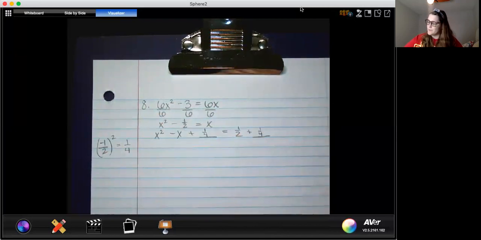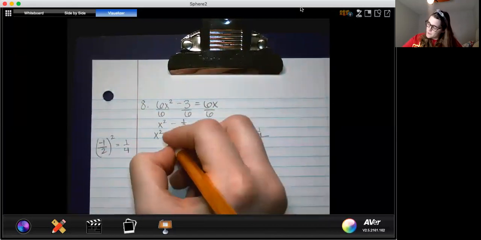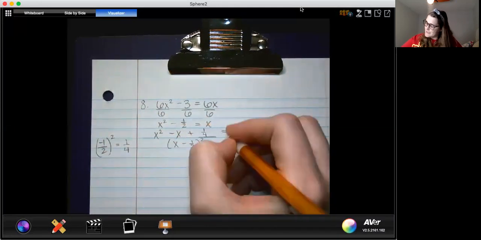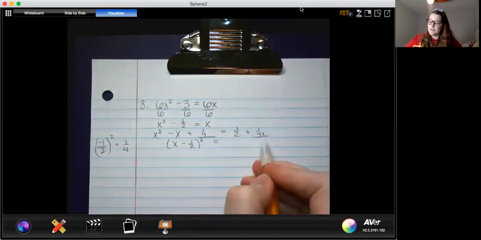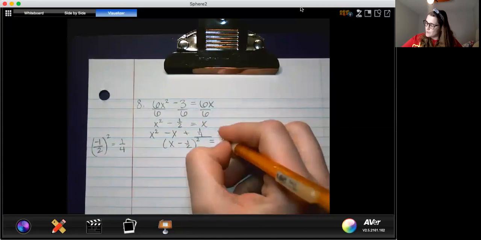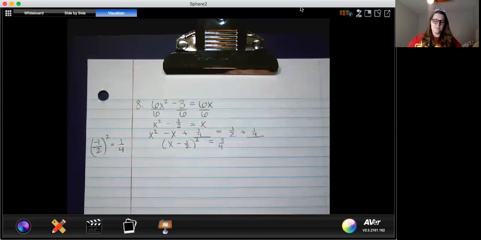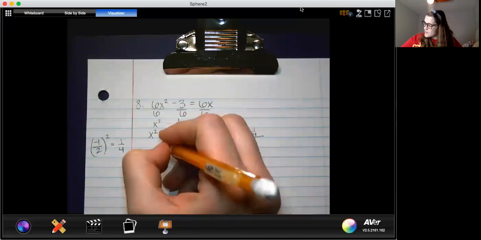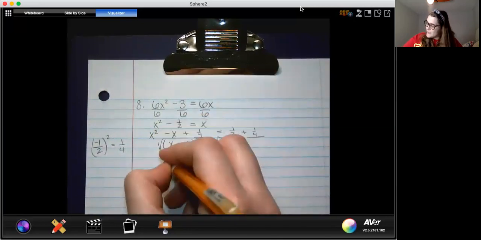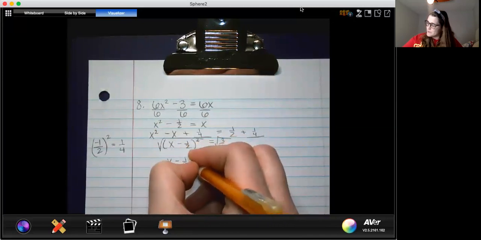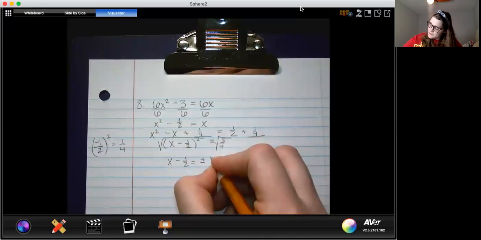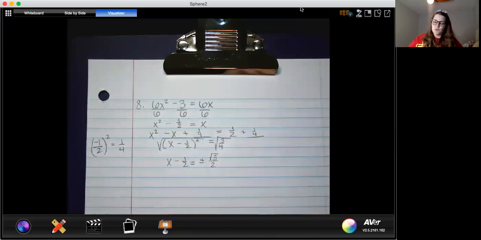Looking good so far. Then I'm going to factor, which leaves me with x minus 1/2 quantity squared equal to, combine like terms, this is going to have to be 2/4, so therefore equal to 3/4. I'm going to take the square root of both sides. x minus 1/2 equals plus or minus the square root of 4 is going to simplify nicely, so square root of 3 divided by 2.